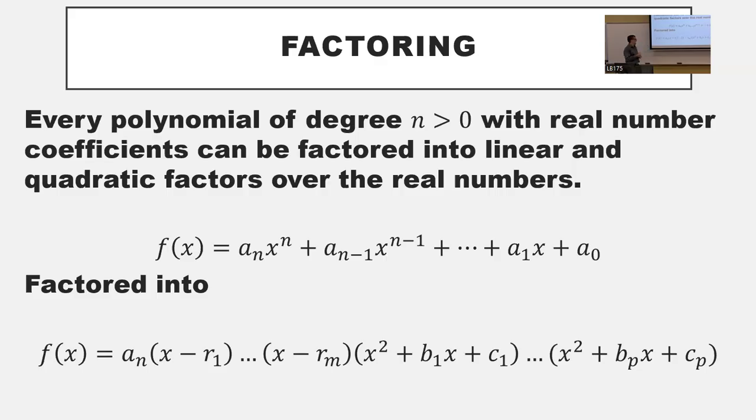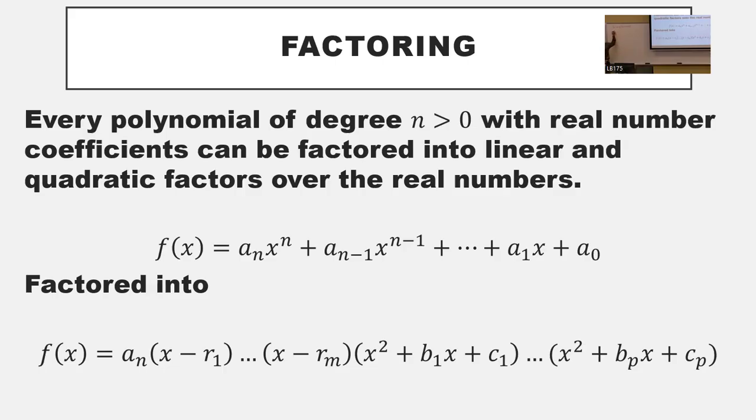when you take x minus a complex number, and then multiply by x minus its conjugate, what you get is a quadratic with real coefficients. That makes sense?